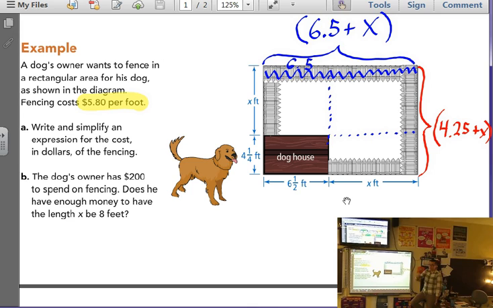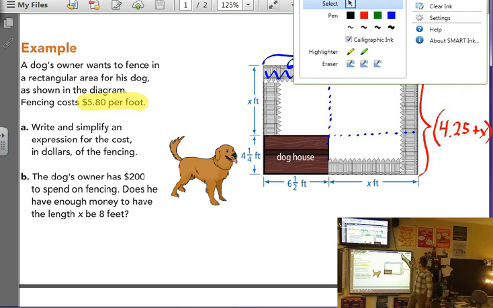So then I want you on your paper. Don't worry about what A and B are specifically asking right now. Write me an expression for the length of the fence. Don't worry about cost. The entire distance the fence needs to cover. So not just length, but the entire thing together.